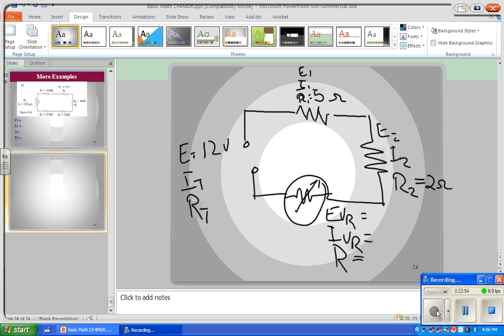In other words, if I've got two resistors and I can change the resistance of the third, what do I want to set it at if I want to have the current at a certain place? So let's assume that we want 1 amp to flow through this whole circuit.